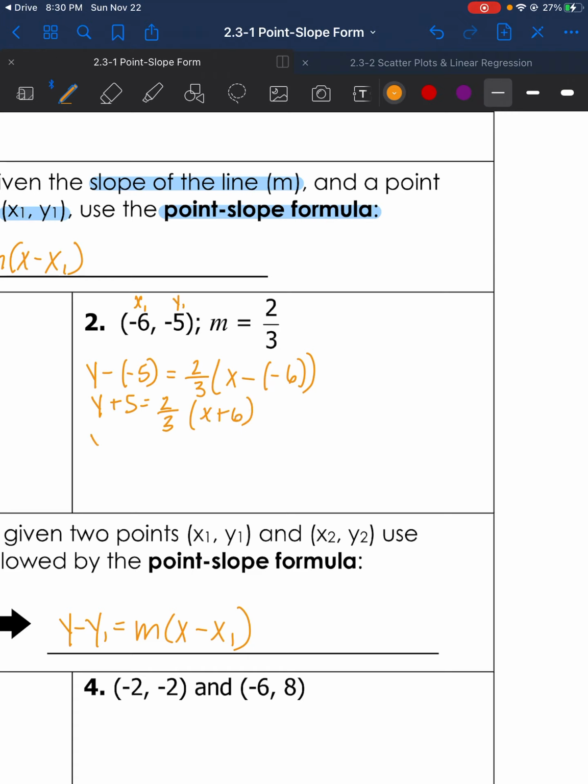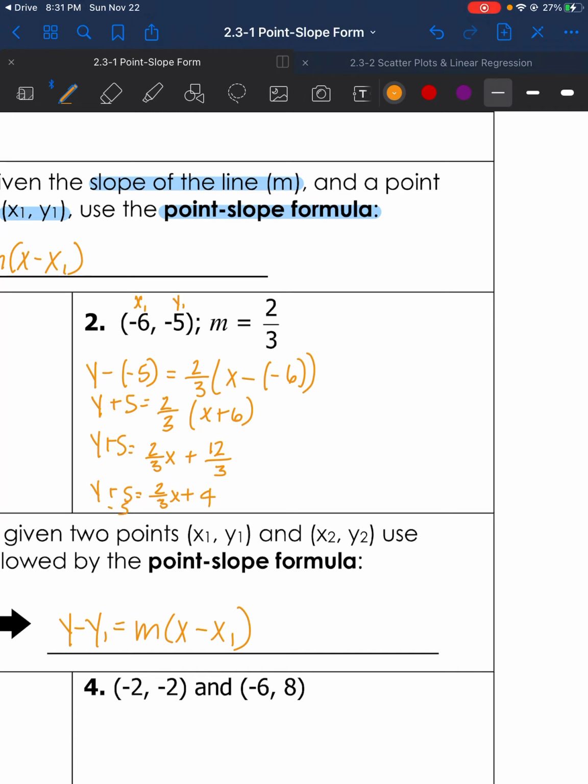Then we'll distribute that 2/3. So we have y plus 5 is equal to 2/3 x plus 2/3 times 6. So we have 2 times 6 is 12 over 3. Let's simplify this some more. We have y plus 5 is equal to 2/3 x plus 12/3, which is actually 12 divided by 3, which is 4.